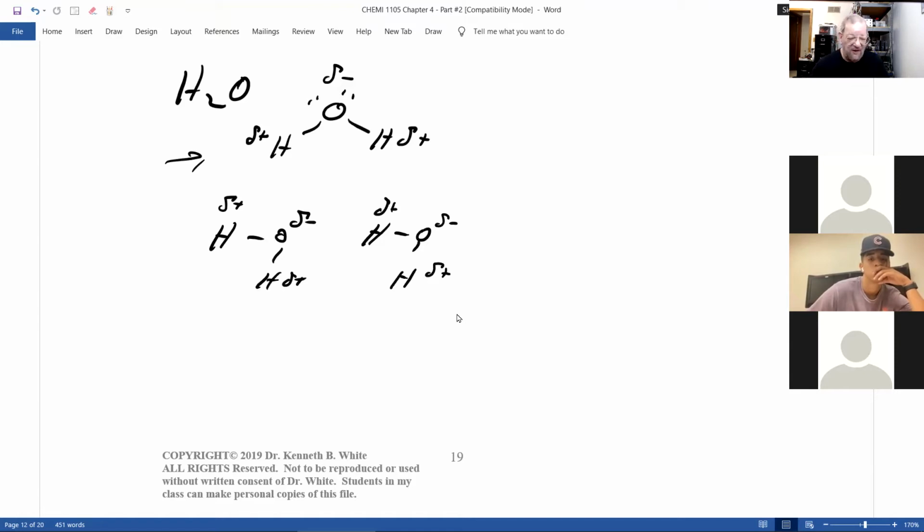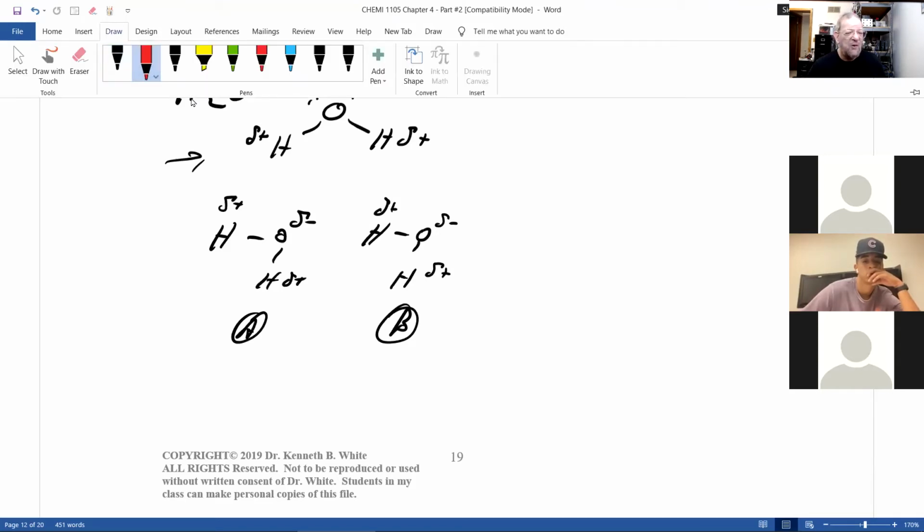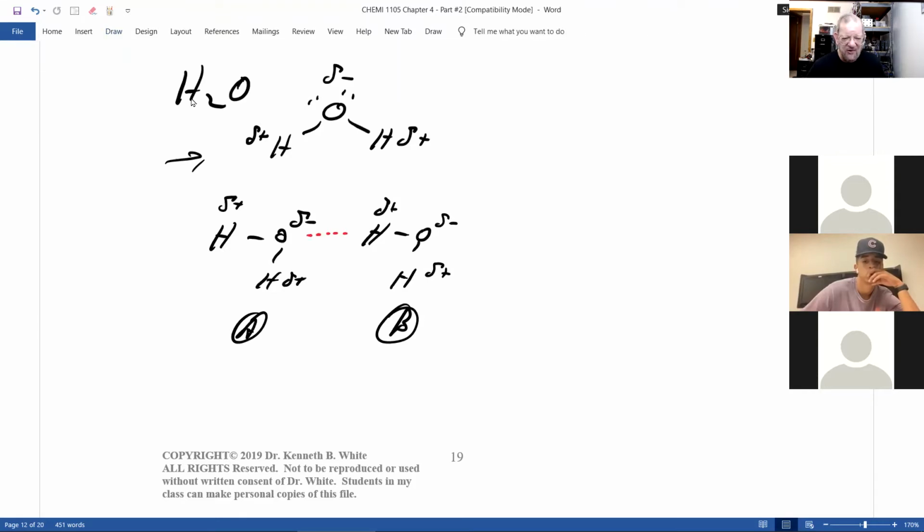Now, if you have two water molecules, A and B, one from column A and one from column B, I told you it's obnoxious Monday. What you have is a very slight attractive force between two water molecules, the oxygen on one and a hydrogen on another. And if I were to draw another water molecule, this would continue on.